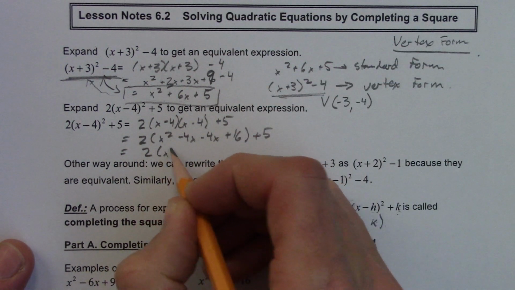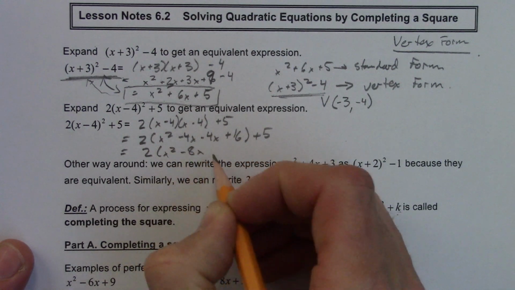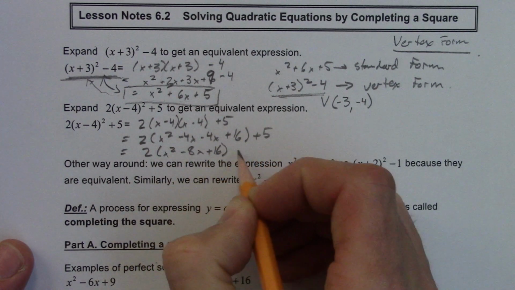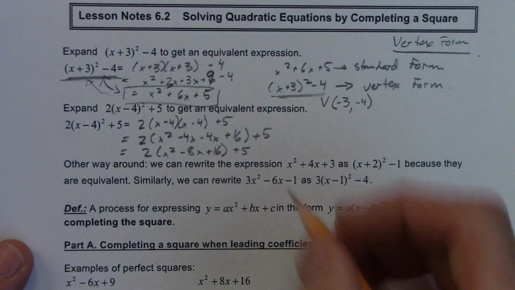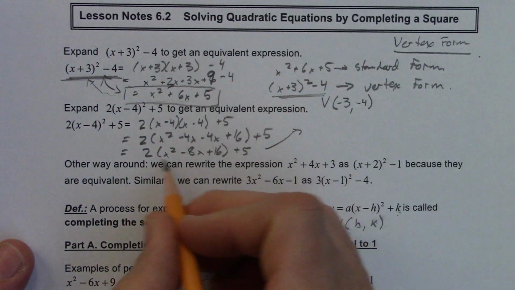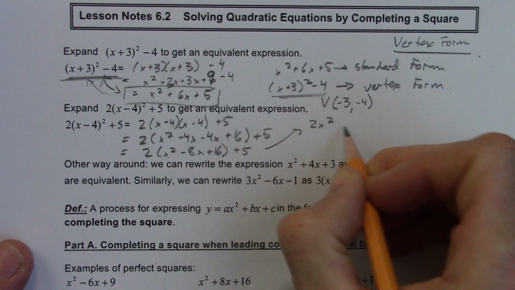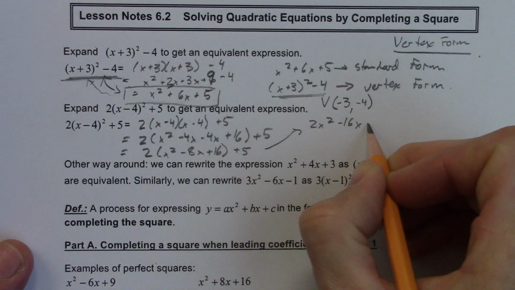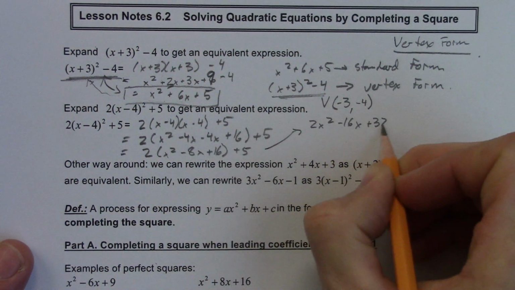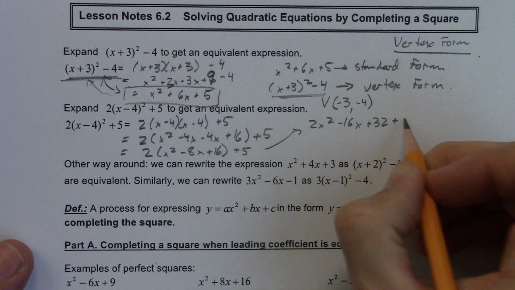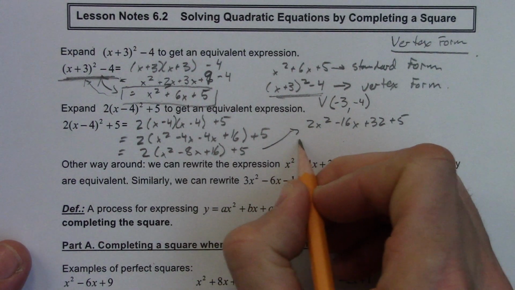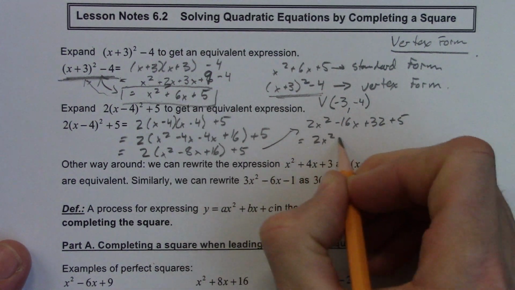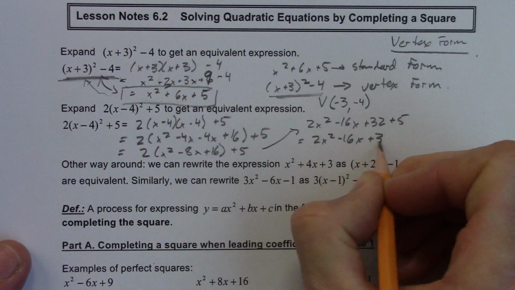So we get x squared minus 8x plus 16 plus 5. We multiply that out times the 2. We get 2x squared minus 16x plus 32 plus 5. Now this is equal to 2x squared minus 16x plus 37.